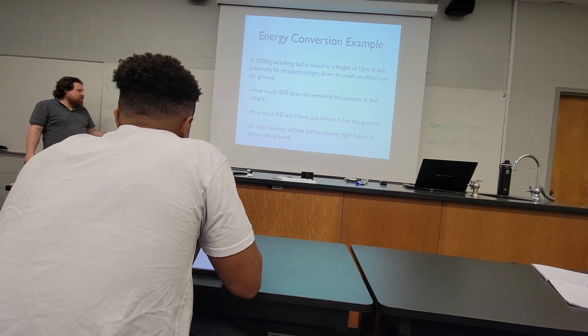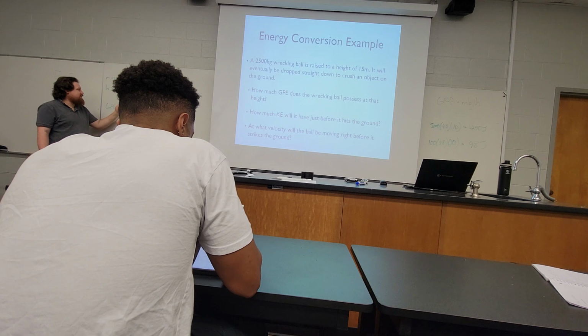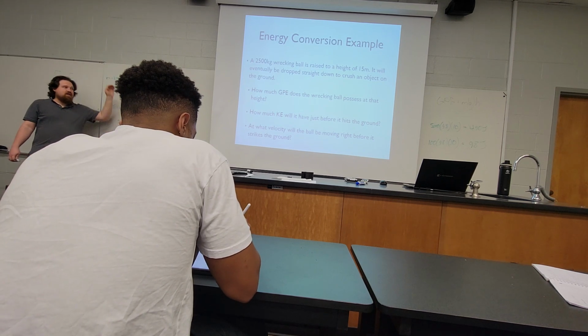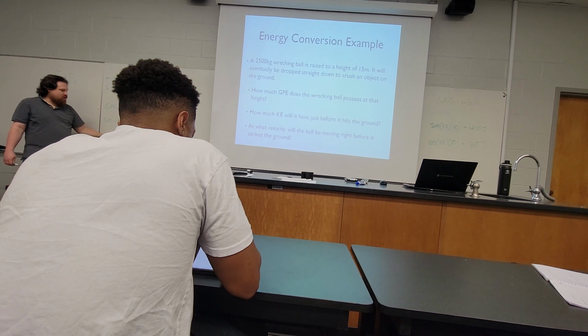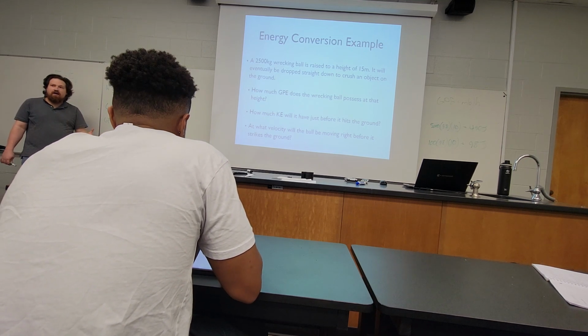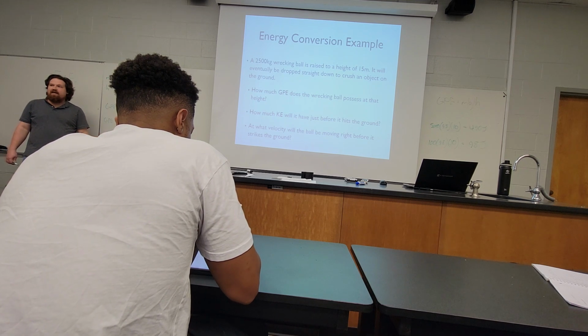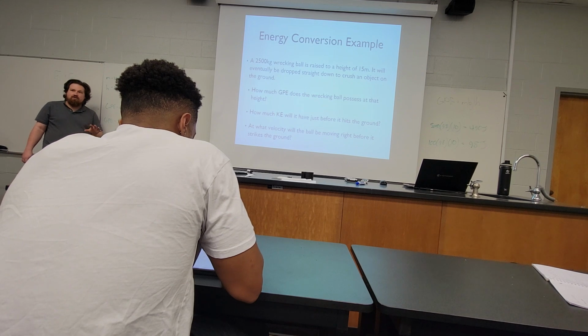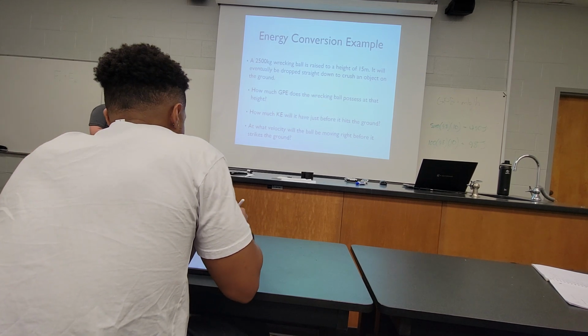This number is going to get smaller as the wrecking ball descends because its height is going to get smaller as the wrecking ball descends. So every moment it spends falling, it loses GPE. But that energy isn't just gone, it turns into KE because of the work that gravity is doing. Gravity transforms GPE into KE.